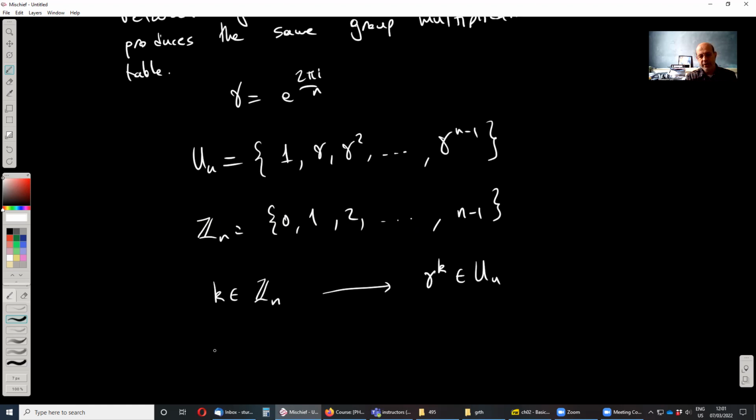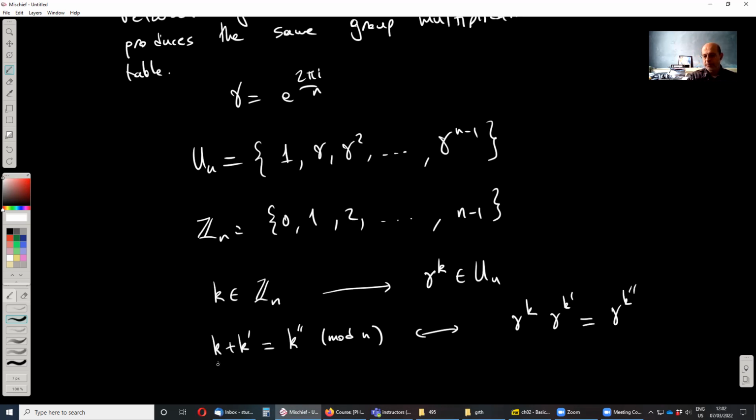So if I have, I don't know, the sum of 2 integers in here, and this gives me the third integer modulo n, that's the same thing as saying that gamma to the power k multiplied with gamma to the power k prime gives me gamma to the power k double prime.